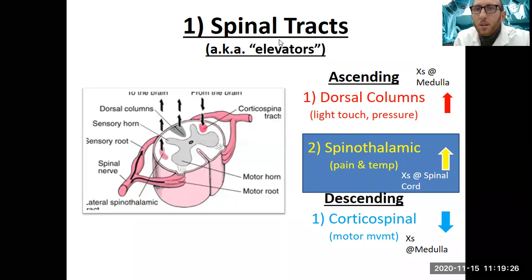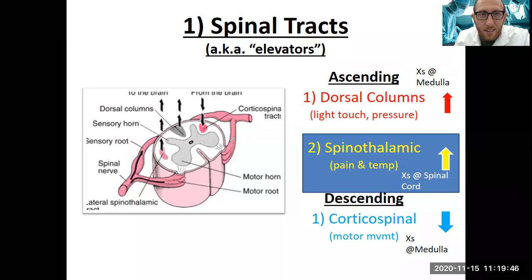There's a lot of them, but for this course, we're going to summarize it with 3 spinal tracts. There's 2 ascending tracts, which means it takes information up to the brain, and 1 descending tract, which means it takes it down. So as you can see here, the first one is the dorsal column.